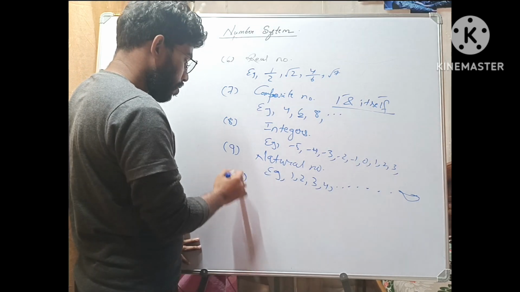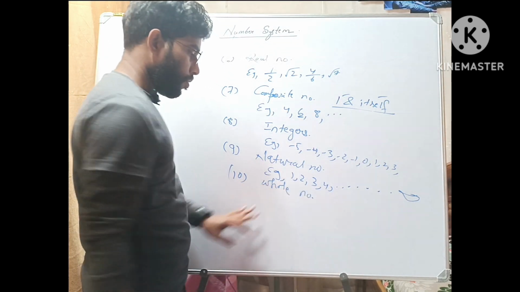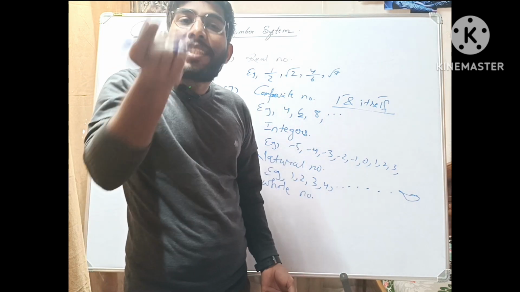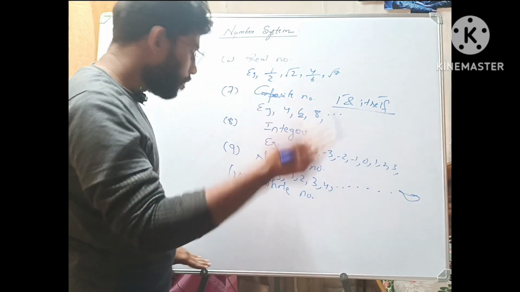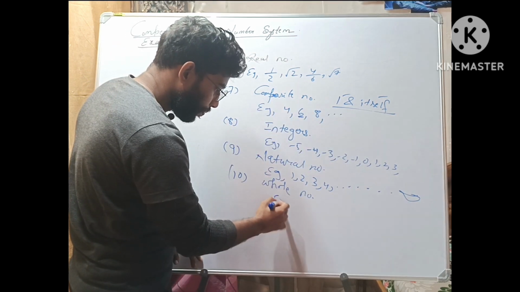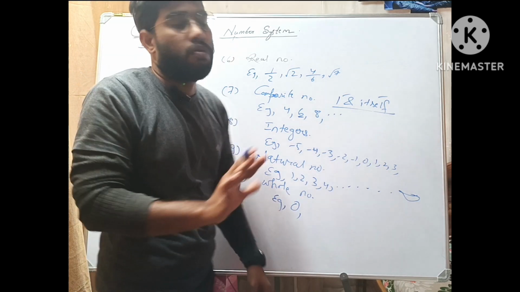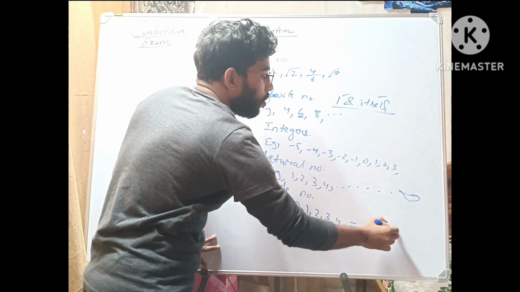Next, whole number. Whole numbers are those numbers which start from 0 followed by natural numbers, like 0, 1, 2, 3, 4.